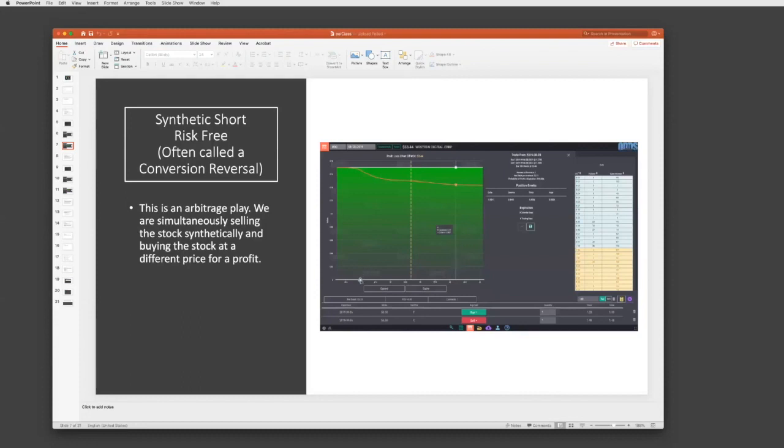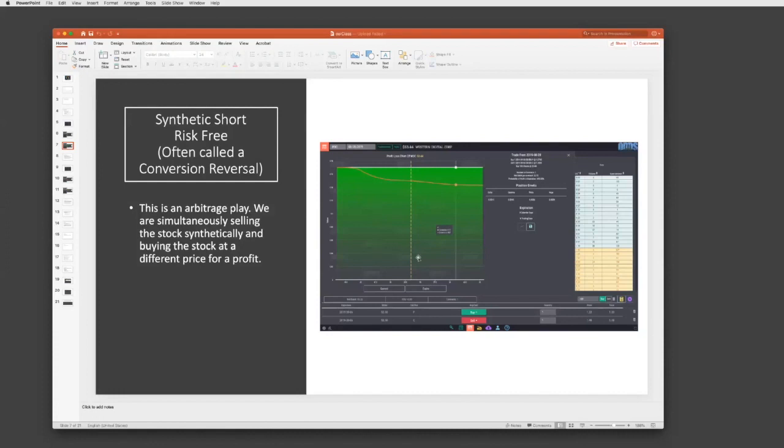If the stock goes down to 45, that's okay too, because we bought a put. If that happens, we exercise our option to put those shares to somebody at 53.50. We bought the shares in our account at 53.44, and it results in a profit of 17 cents.